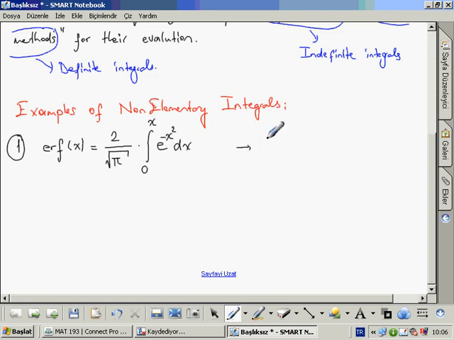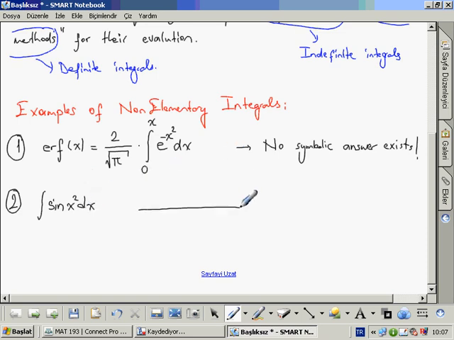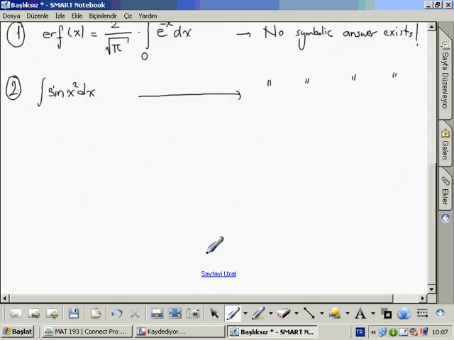For this integration we know that no symbolic answer exists. And the second one, the integral of sine x square dx. So it has no symbolic answer, okay.